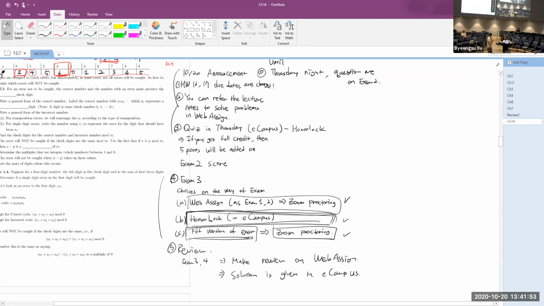But exam 3 is just 15% of the total average. All other exams, like exam 1, exam 2, and exam 4, take 20% of the total average of your score, but exam 3 will only take 15%.